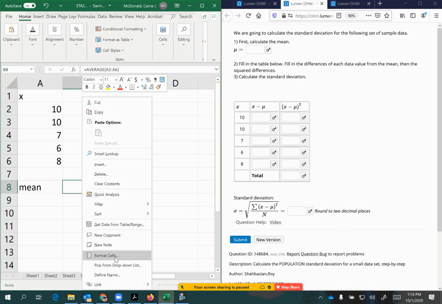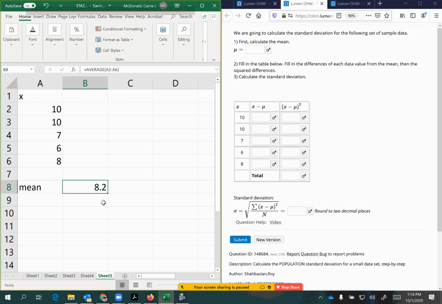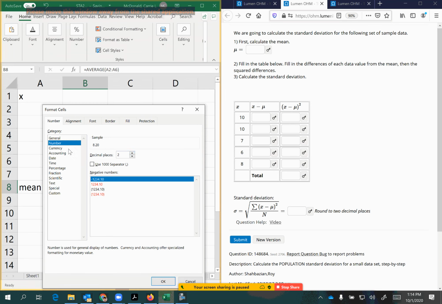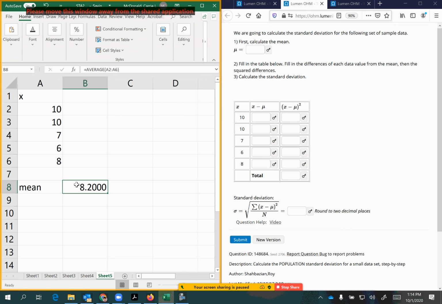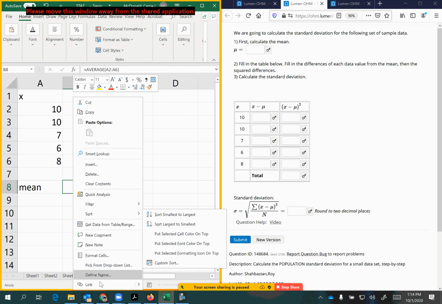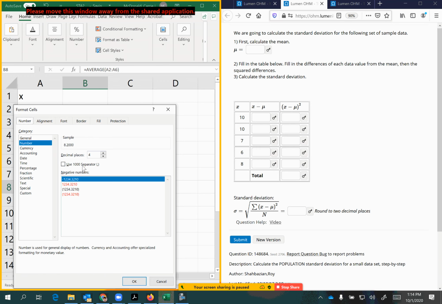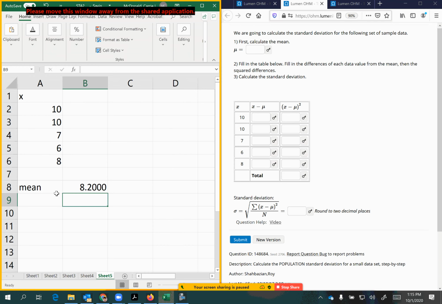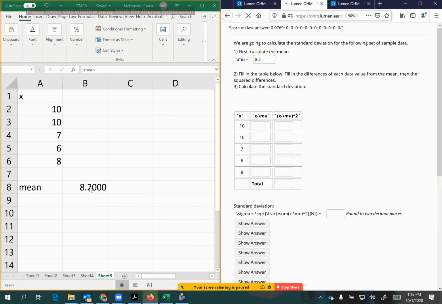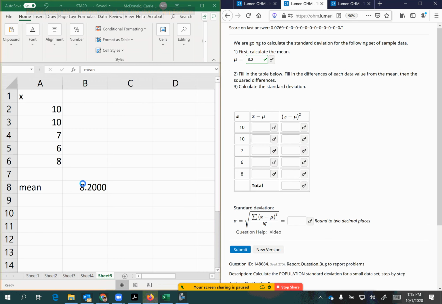Now, what I could do is check to see if there are any other decimal places just by changing it. So what I did is I right-clicked and I clicked Format Cells and I went into Number Type and then changed the number of decimal places that are showing. So that can be useful if you're ever in a situation where you feel like you might not be seeing enough decimal places to make sure your answer is correct.